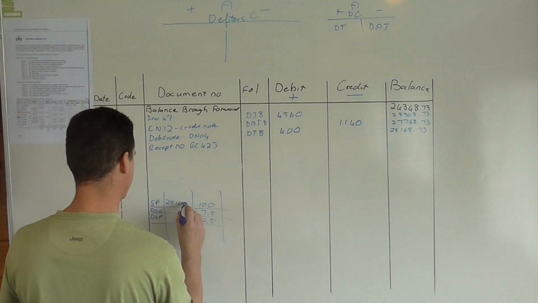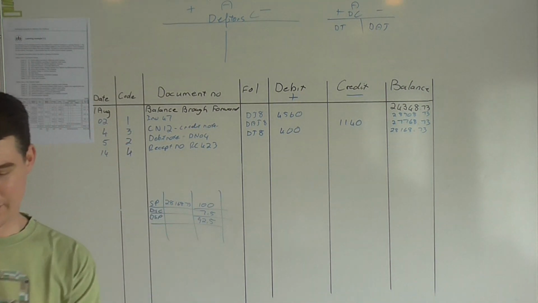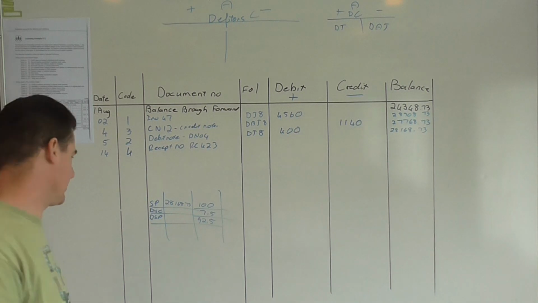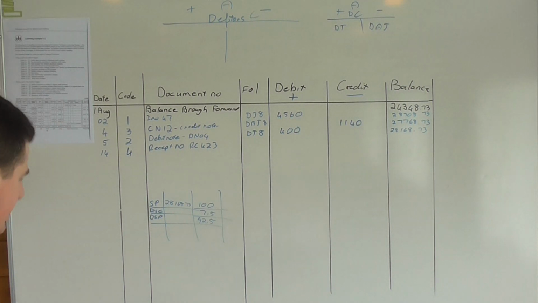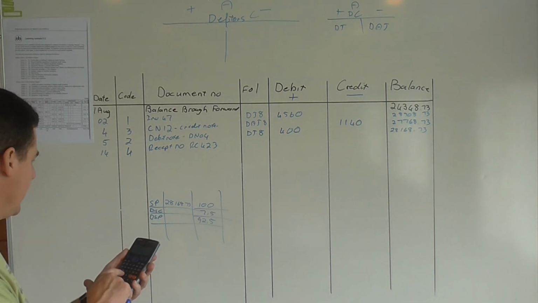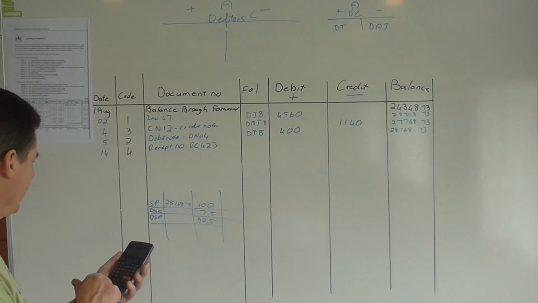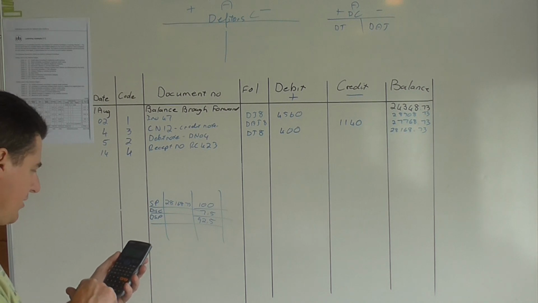So the original selling price, we see that there is 28168.73. So now we need to calculate what the discounted selling price was. So remember, this guy owes us. So now you take, again, typical magic block, 28168.73 divided by 100 multiplied by 92.5.